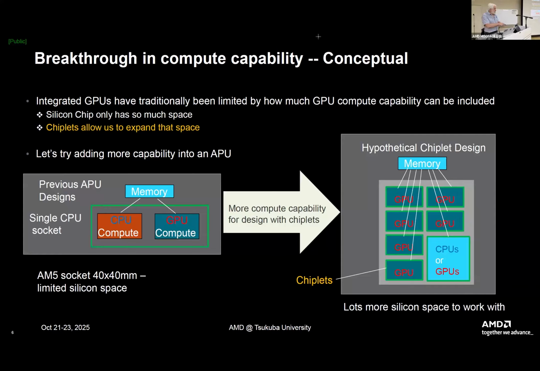But that was on the CPU socket, and their goal was the commodity market, that they could sell one chip and it would be cheaper than somebody who had to sell multiple chips. So it was all for this CPU market.